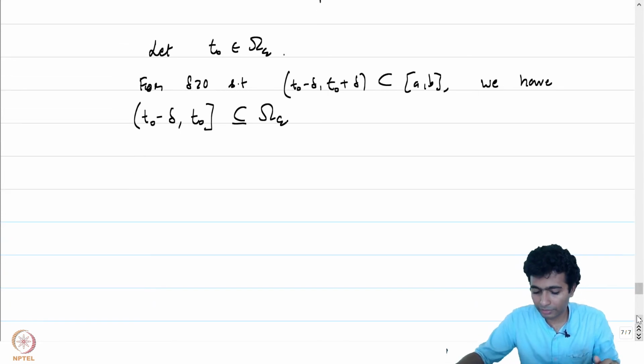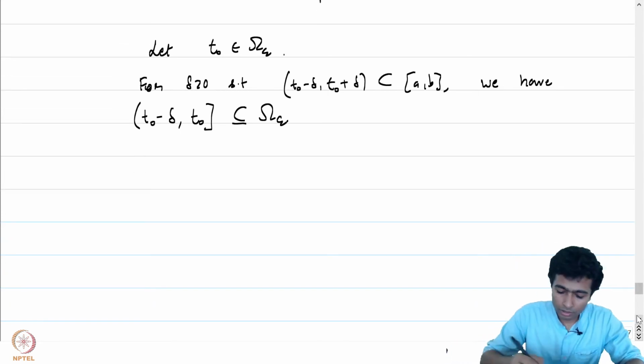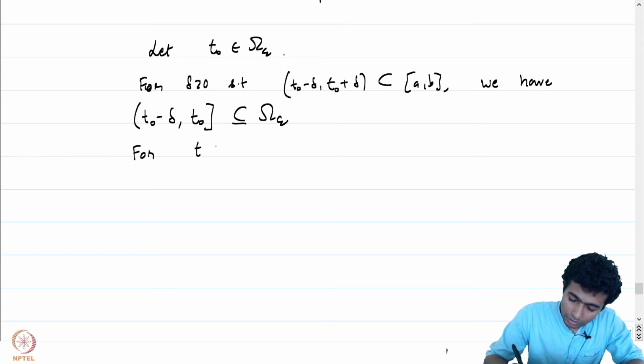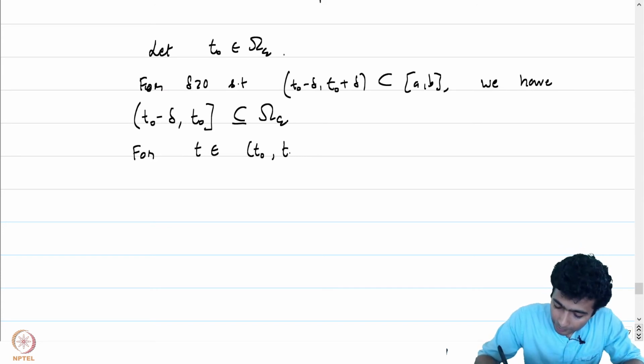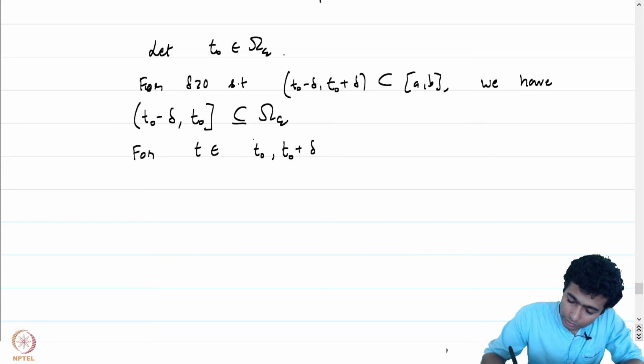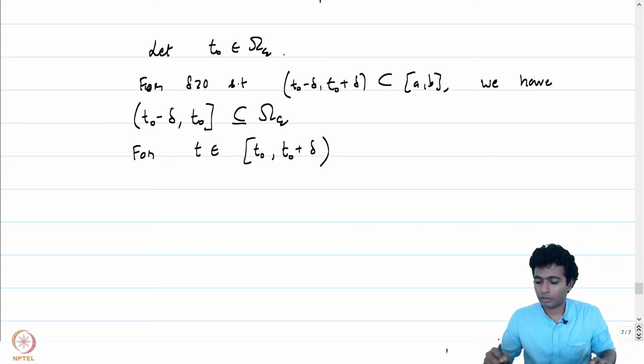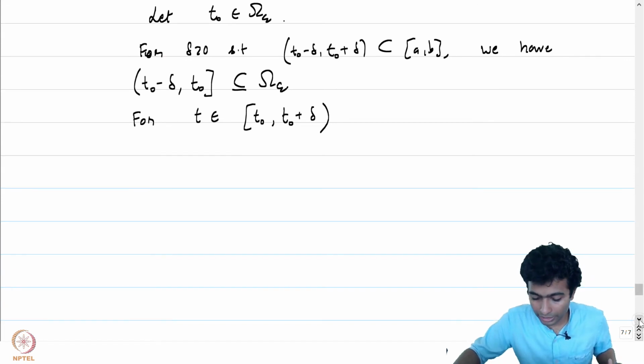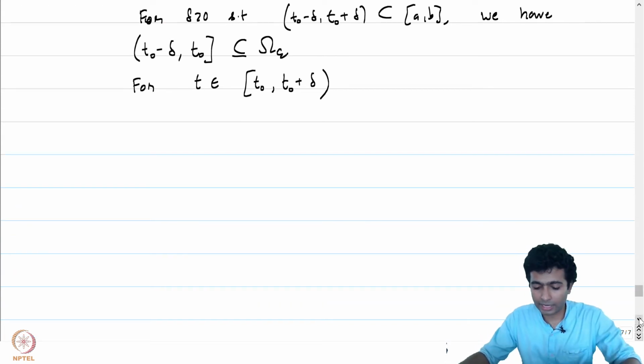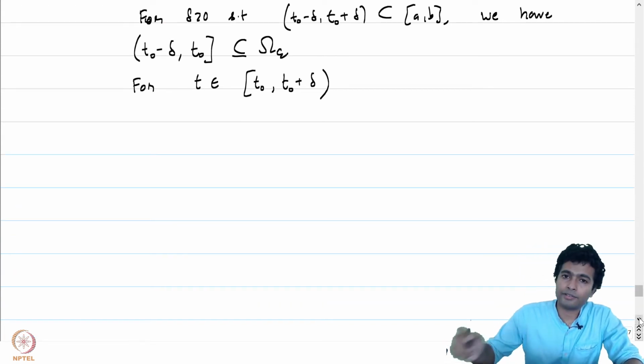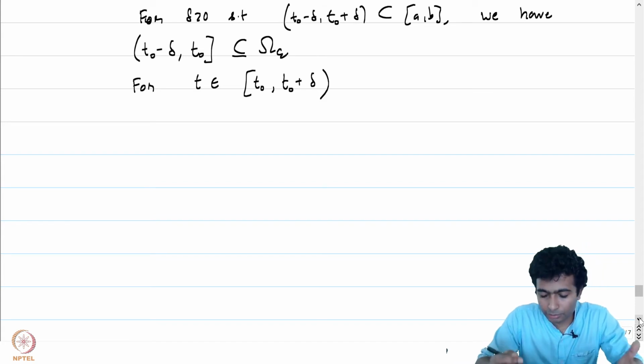So we'll just prove that for T in T naught to T naught plus delta, where our delta is yet to be picked, all the points here belong to omega epsilon. That is the goal. And in order to do that, let us use the fact that capital F is holomorphic at the point gamma of T naught.